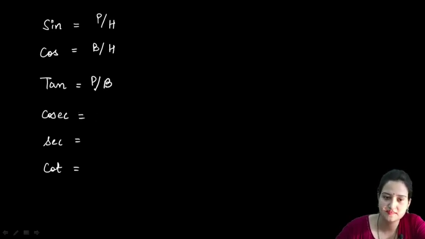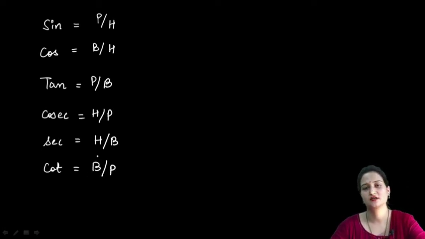Cosec will be the reciprocal of sine, that is hypotenuse upon perpendicular. Sec will be the reciprocal of cosine, we will write hypotenuse upon base, and cot is the reciprocal of tan, which we will write as base upon perpendicular. So for your learning purpose you can write it down like this in shortcut form for better learning.